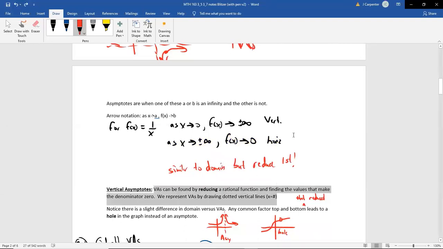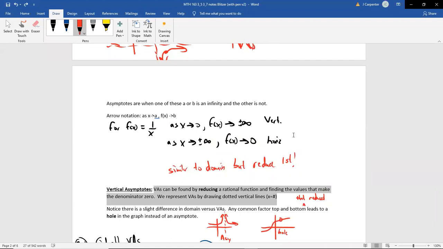So if you set your bottom equal to 0 and let's say you get 3, 3 is not the vertical asymptote. x equals 3 is the vertical asymptote. Without the x equals part, it's completely wrong and not even partial credit in a lot of teachers' eyes. I might give you a point, but I'm not giving you a lot of partial credit for that. You've got to remember that vertical lines are x equals a number and horizontal lines are y equals a number.